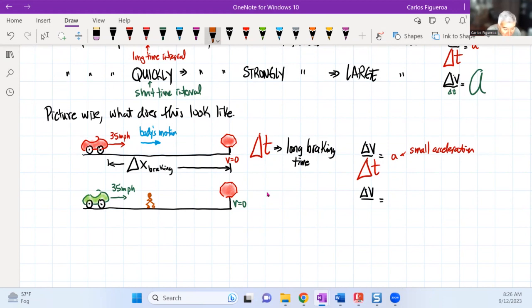You try to stop as quickly as possible. So in other words, your braking distance now is much shorter. So the green car has a braking distance, and again, look at the speed change. I still have to stop within this distance.